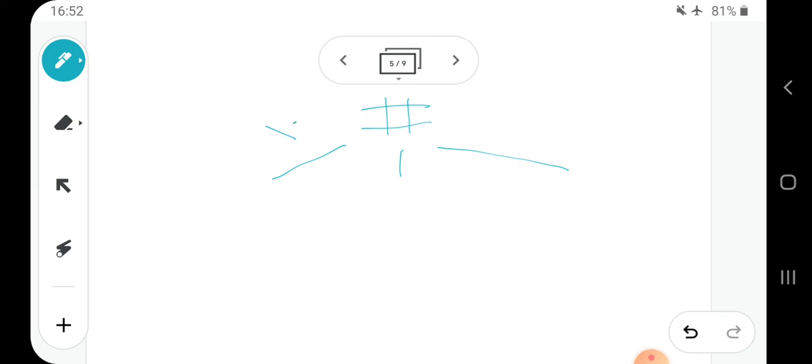So here the cross player will take a move. If we try to draw the game tree, this is one possible move, this is another move, and this is the third option for the cross player.